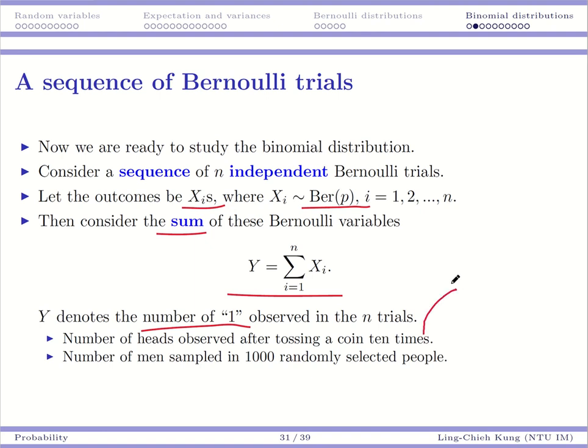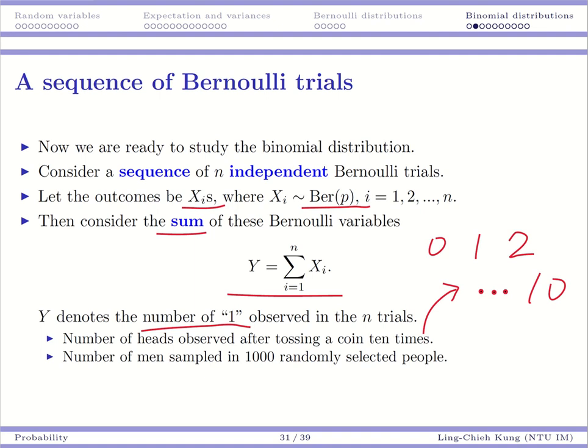So if we are tossing a coin 10 times, then how many heads may we observe? 0, that's possible. 1, that's possible. 2, that's possible. Up to what? Up to 10. All these are possible outcomes.